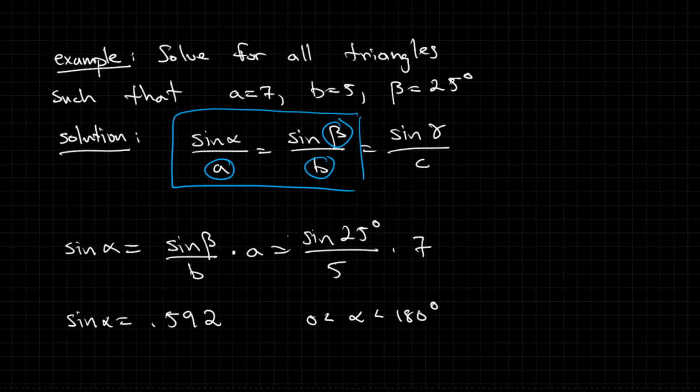So now at this point, I'm going to use my skill of solving sine alpha equals a number. I'll use the inverse trigonometric function to get my first alpha 1. In my calculator I'm putting sine inverse of answer instead of sine inverse of 0.592, and that's giving me a result of 36.275.